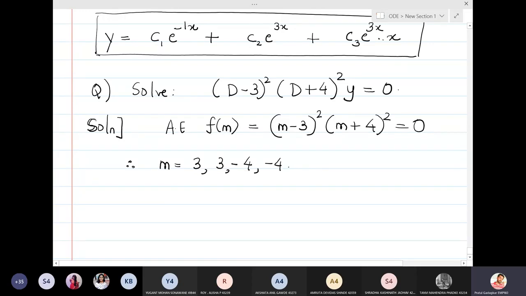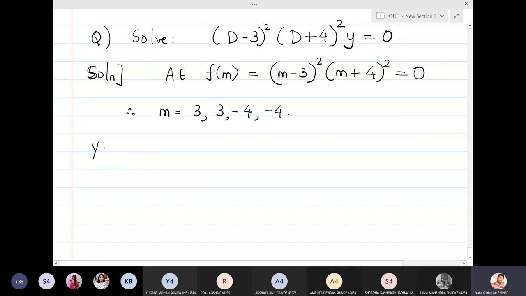So what will I write for the solution? The general solution will be c1 e raised to 3x plus c2 e raised to 3x. The repeated root has come, so here I put x, plus c3 e raised to minus 4x plus c4 e raised to minus 4x.